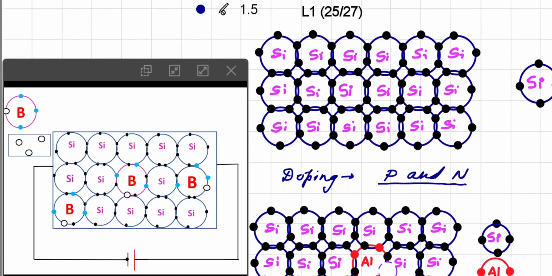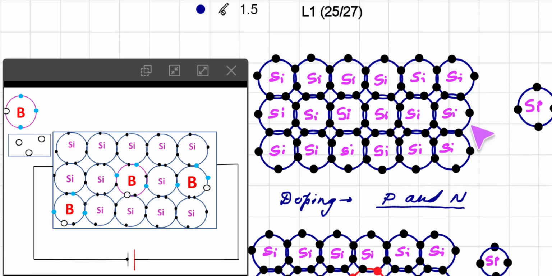So see, we already saw this is a semiconducting bar. Now if we dope some trivalent impurity atoms in this material, as shown here, we see there are 3 boron atoms in the bar of silicon atoms.